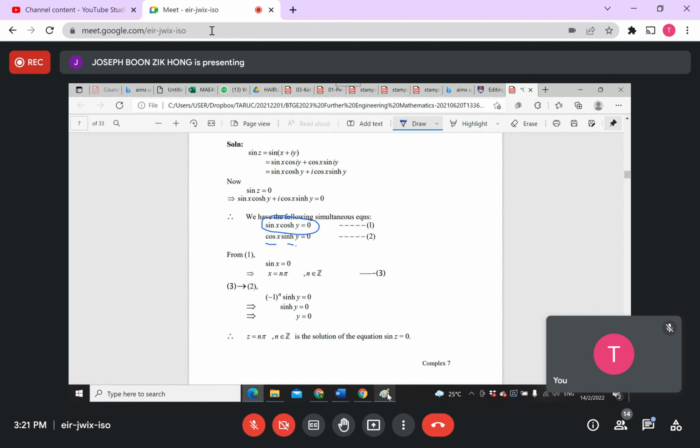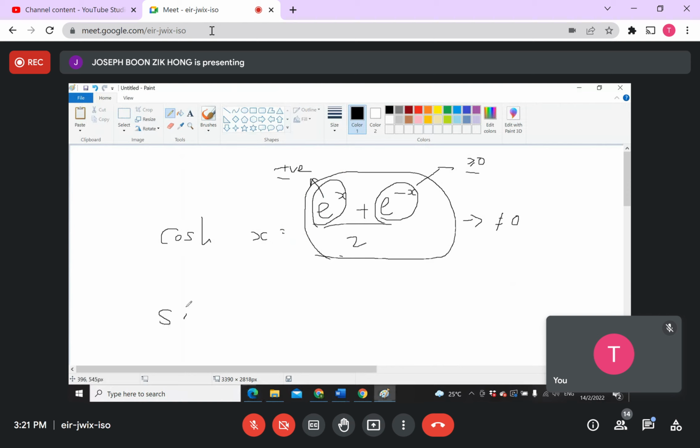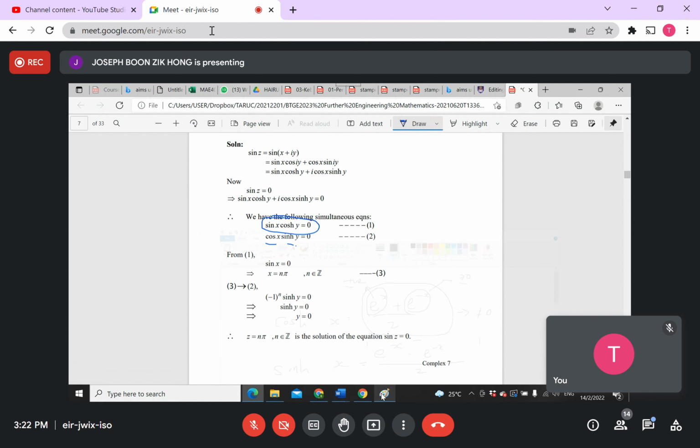The formula of sine hyperbolic, if not mistaken, is e^x minus e^(negative x), divided by 2. If your x is 0, then you will get 1 minus 1 divided by 2. That means your sine hyperbolic y can be equal to 0, or your sine hyperbolic x can be equal to 0. So that's why I don't start here.